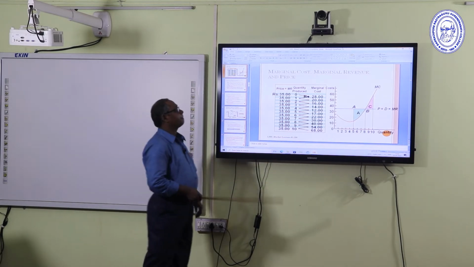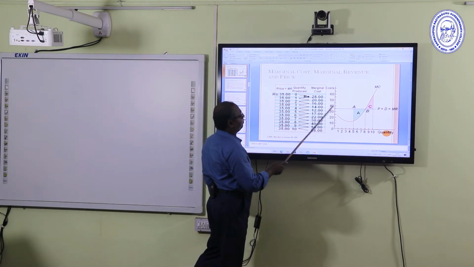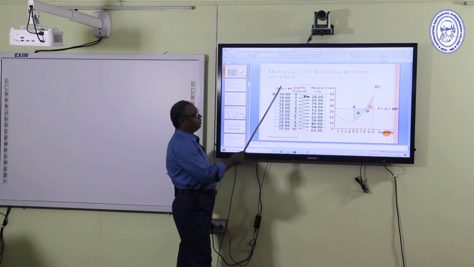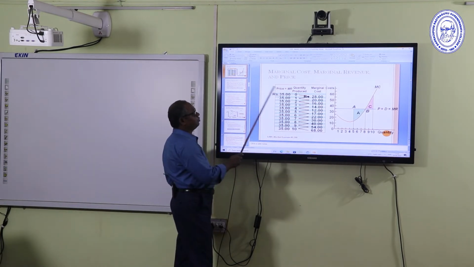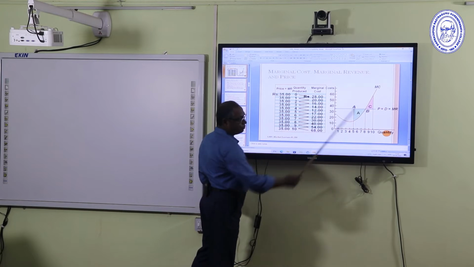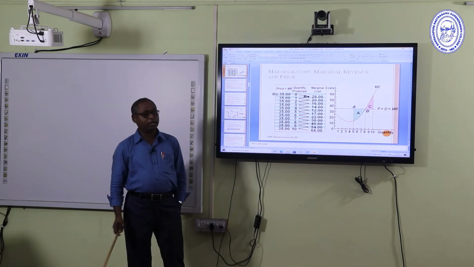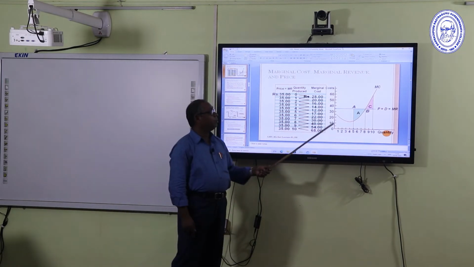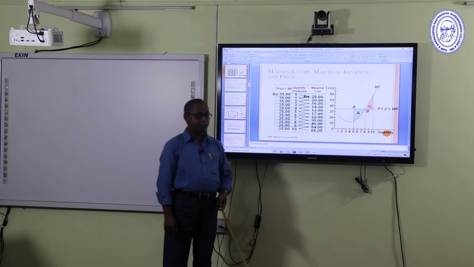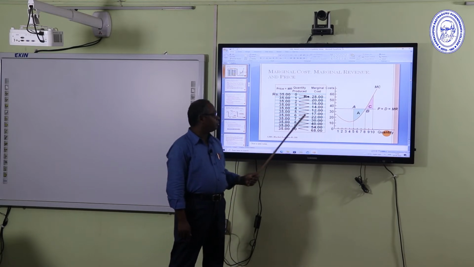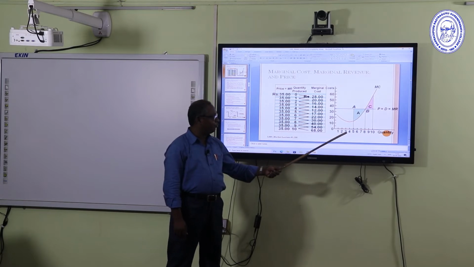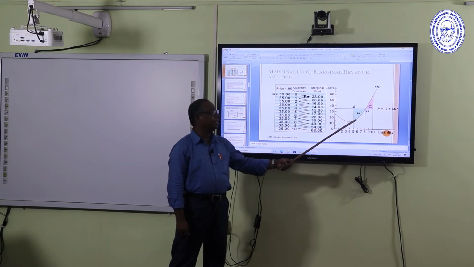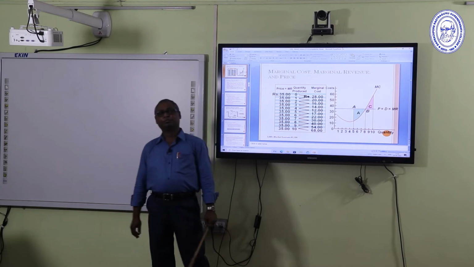So here, in the figure, the price equals MR. Why does price equal MR? I will explain later. Price equals MR is a horizontal line, and this is equal to the demand curve, and this is the marginal cost curve, where the value of marginal cost is minimum at unit 4 to 5, and then it is increasing.